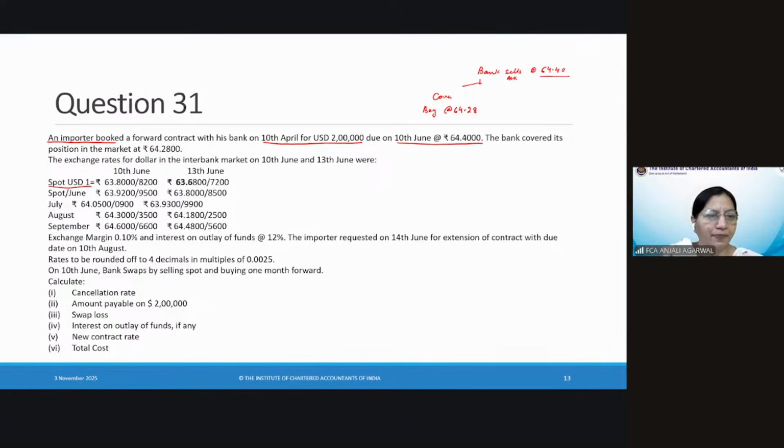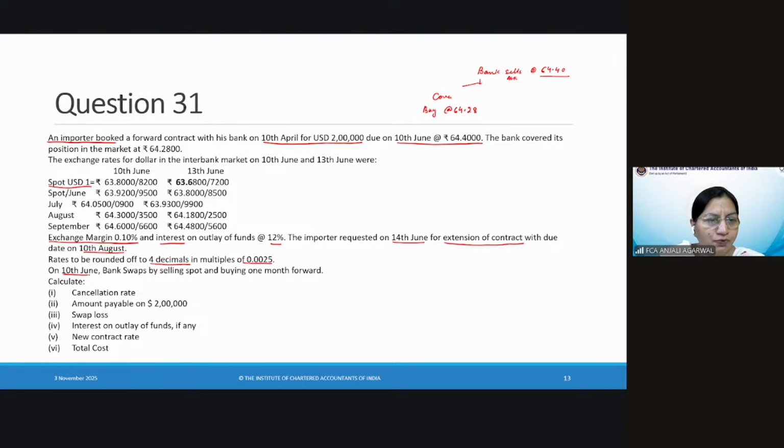Exchange margin is 0.10%. Interest will be charged at 12%. And on 14th June, so we can take the rates on 13th June, the importer has come for extension of contract with due date on 10th August. Rates are to be rounded off to 4 decimal points in multiples of 0.0025.